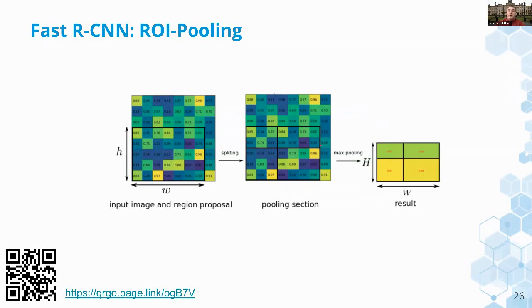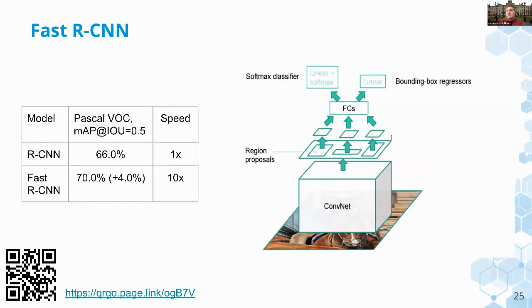I want to highlight that both max pooling and the splitting algorithm are fully differentiable. So when we incorporate this ROI-Pooling algorithm in our network, we can train this whole architecture in an end-to-end fashion, and hence improve both speed and quality of our model.